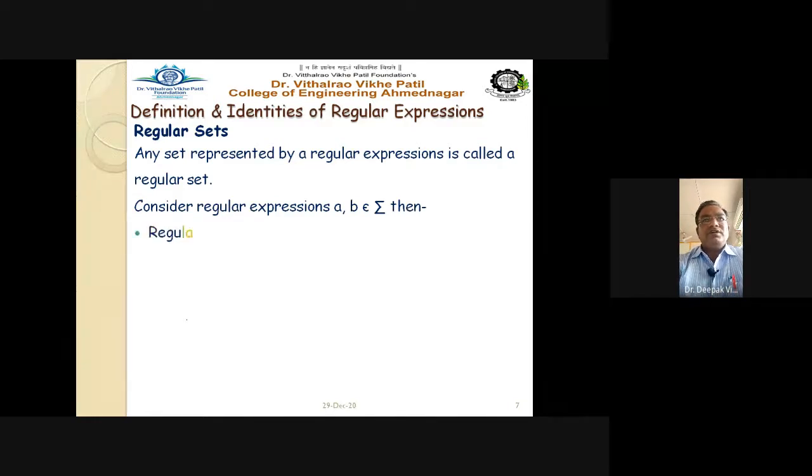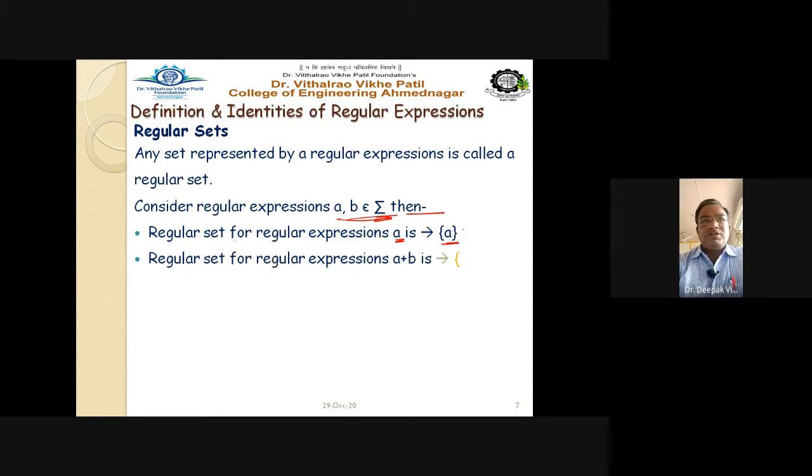Now see here, consider the regular expressions a, b, which belong to the input alphabet sigma. The regular set for the regular expression a is written as curly bracket a. The regular set for a plus b, which is a union operator, is written as a comma b.